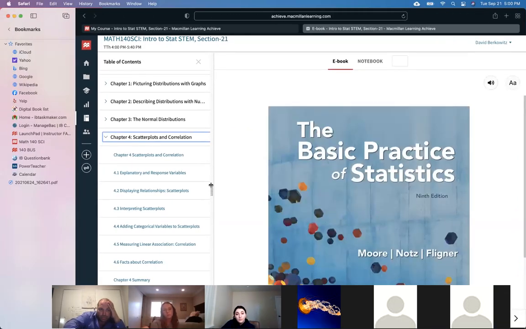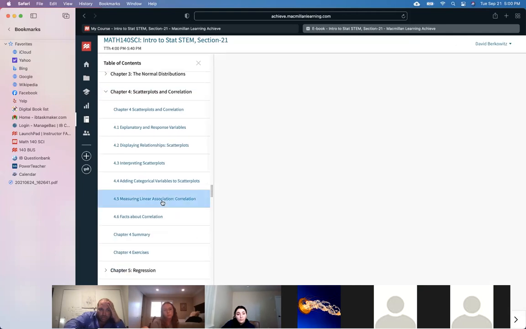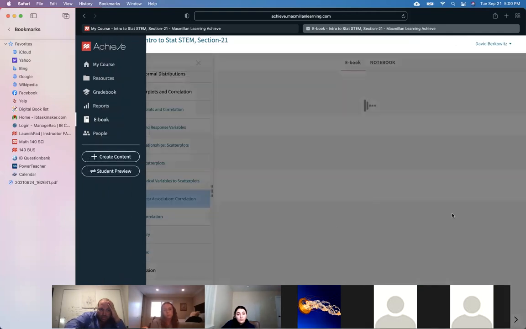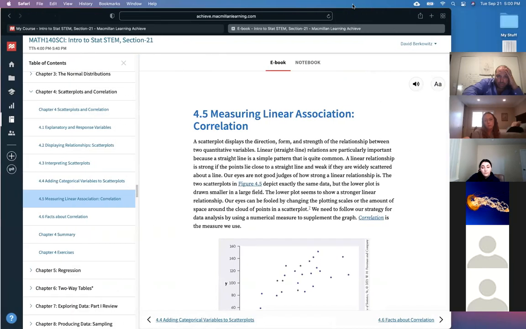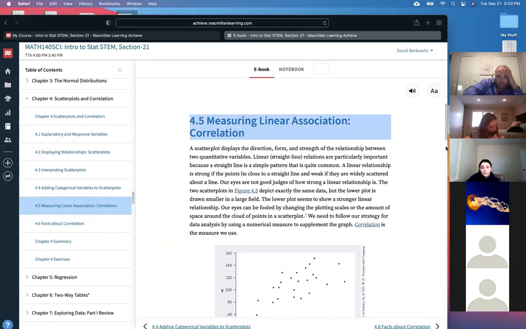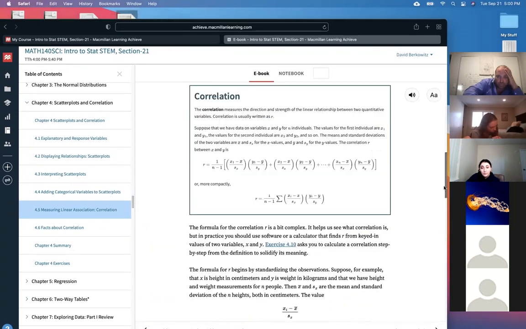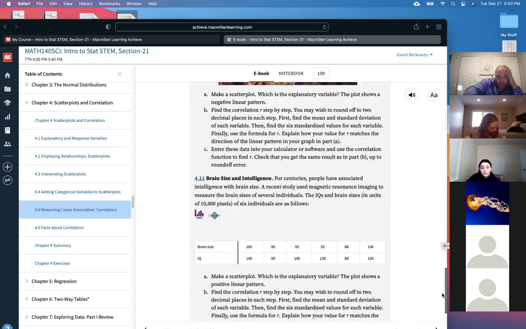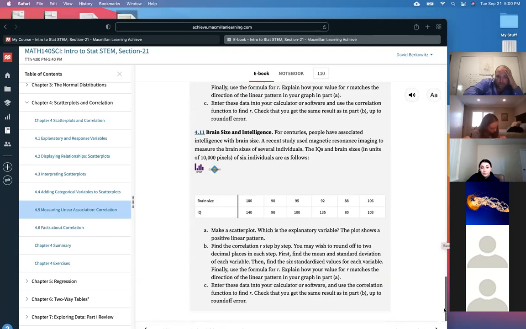Okay, and then we're going to go to measuring linear association, correlation. How do I scroll down? Oh, here we go. Okay, so that one we just did.